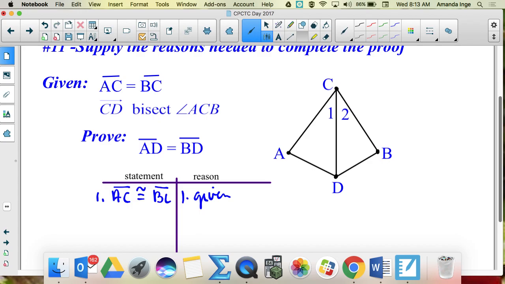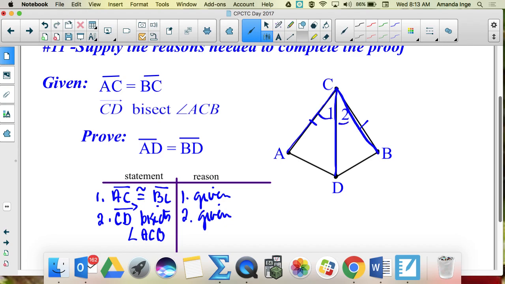I would put in here ray CD bisects angle ACB, which would be given. Alright, so we have that AC is congruent to BC. We have that CD bisects ACB. So angle 1 is congruent to angle 2.